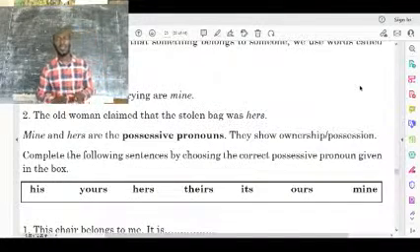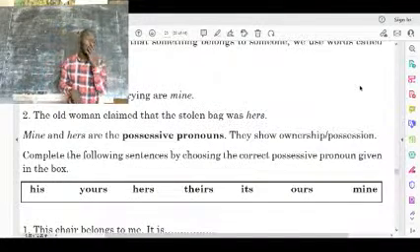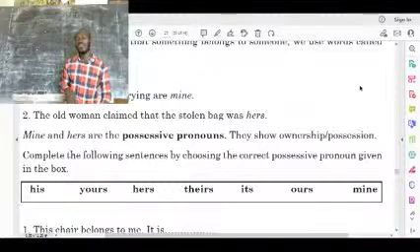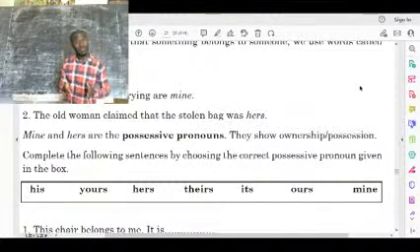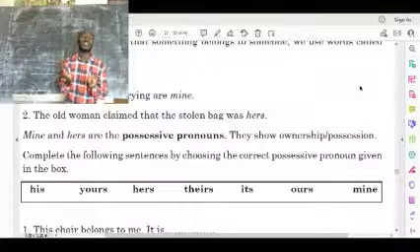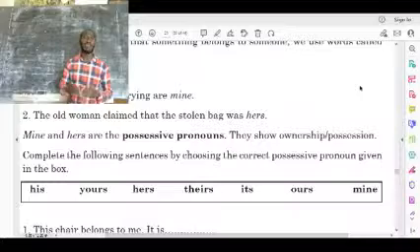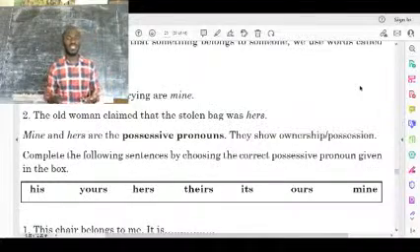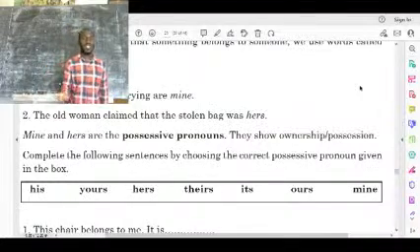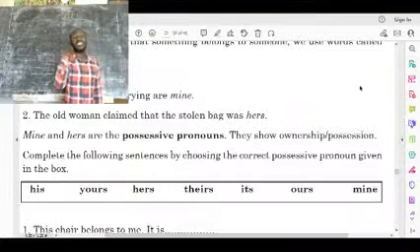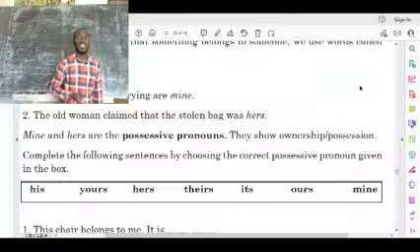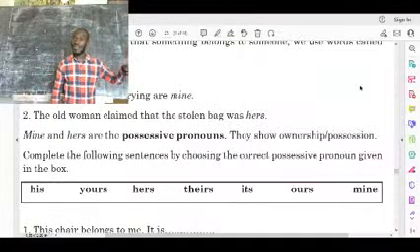Theirs is a possessive pronoun that is used referring to a group of people, you know. Either they can be 2 or more than 2, and maybe they have something that they own. For instance, you can say that house is theirs, that book is theirs. So you can say that book belongs to them.